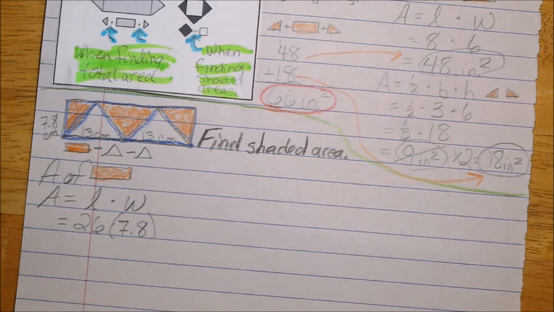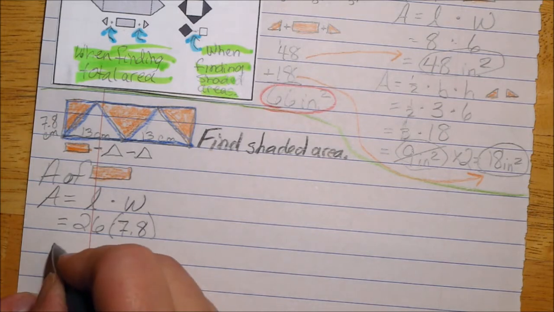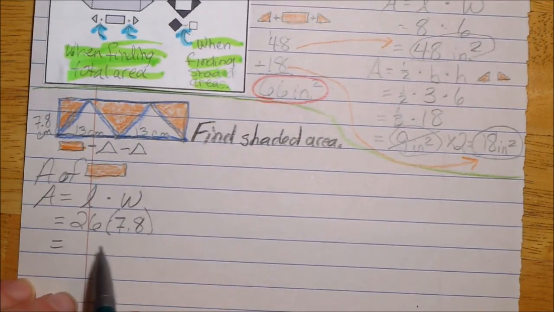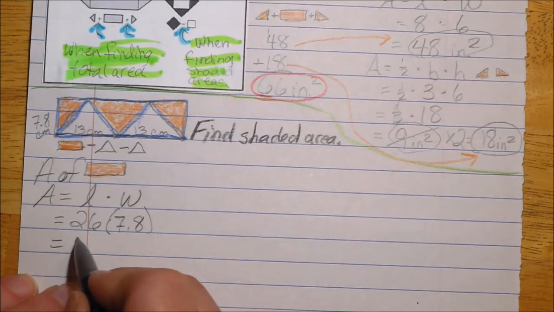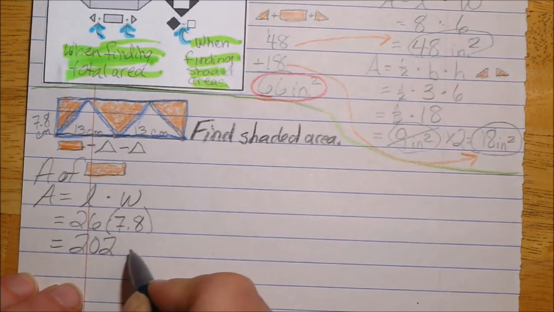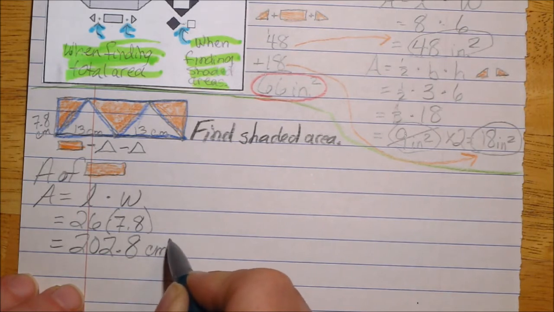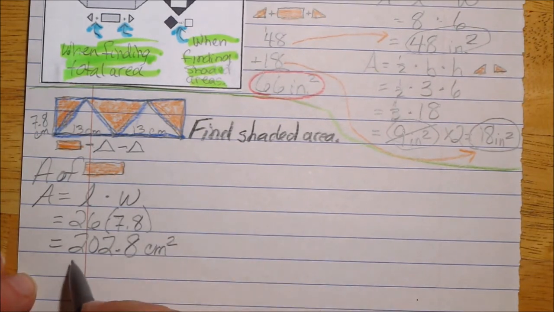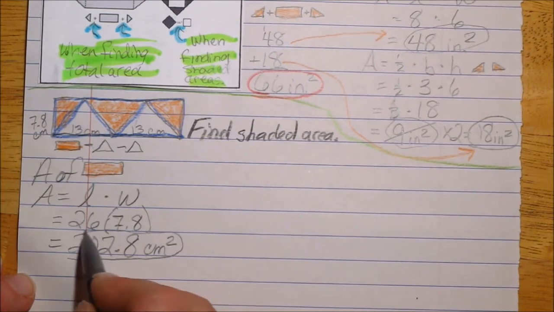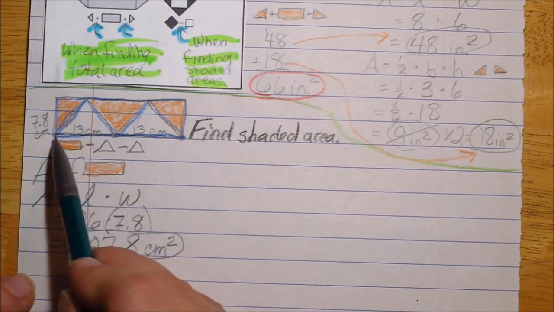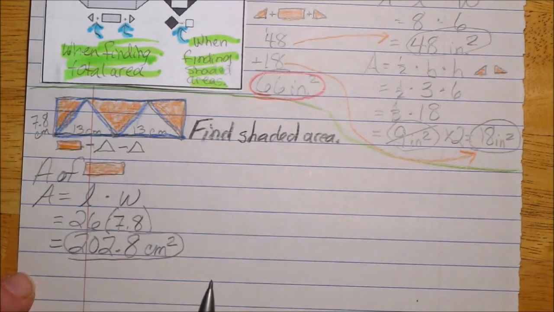And add them up. And we get, okay. All right, so 26 times 7 8/10 is 202 8/10 centimeters squared. All right, and I'm just going to pencil circle that one because that's not our final answer. That's just the area of this whole rectangle.